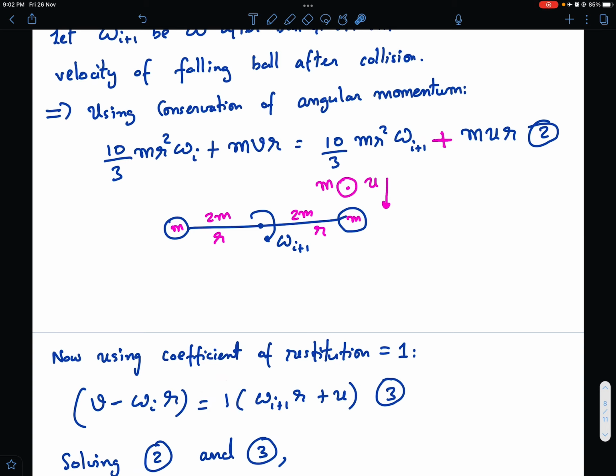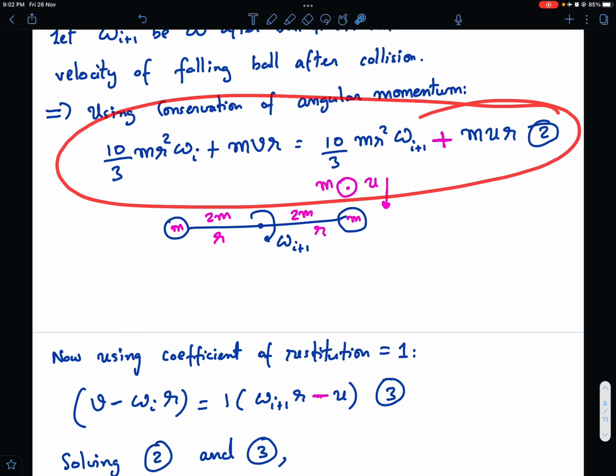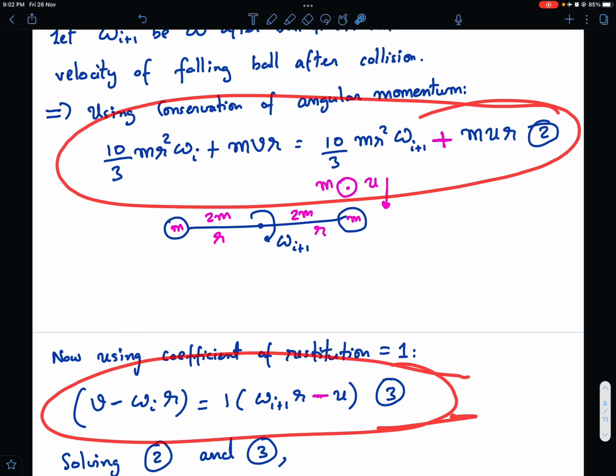So what will be the velocity of separation? It doesn't matter, I could have taken the other way around also. So this will be moving downward with the velocity omega I plus 1 r, and this is moving downward with u. So this is the velocity of separation. Now this is the angular momentum conservation equation, and this one is the restitution equation.